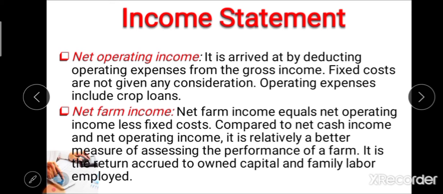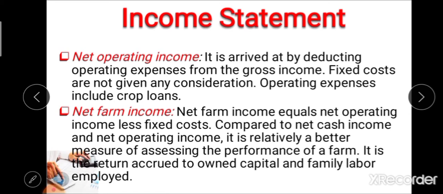That means net farm income can be used for calculating own capital as well as family labor income. So these are the different components of the income statement: expenses, receipts, and net income.